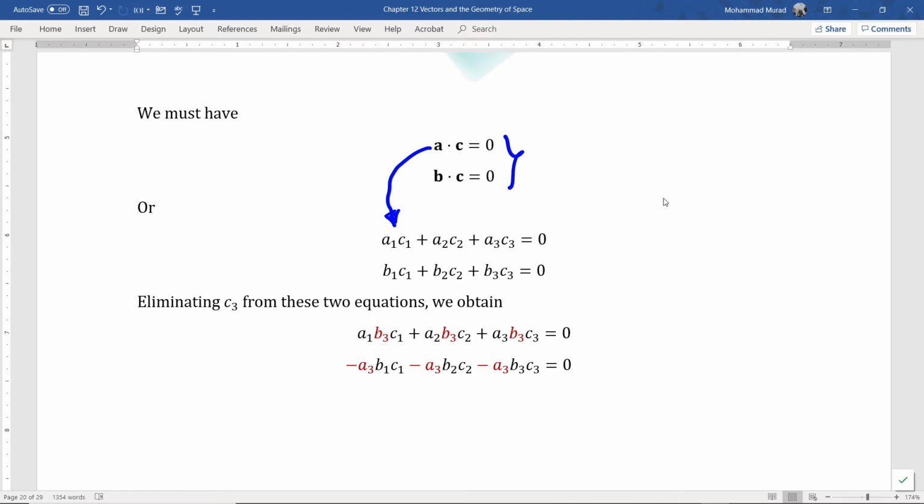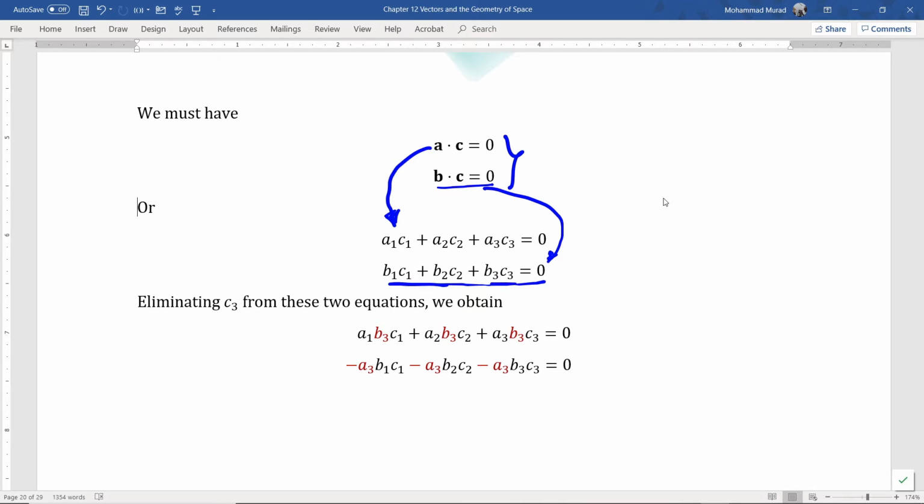And the second equation gives this: B1 C1 plus B2 C2 plus B3 C3 equals 0.